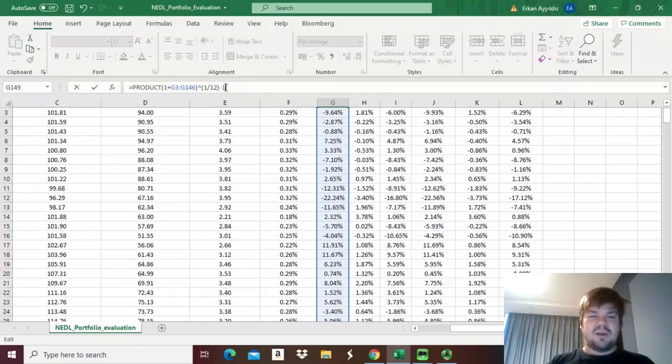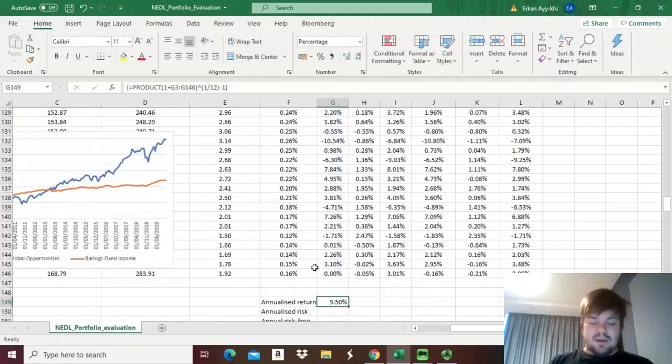Then minus 1, and enforce this formula using Shift, Control, Enter. Now we can drag it for all three of our portfolios and see that in terms of annualized return, Alice has made more than twice as much as Bob per year, and Alice even slightly outperformed the S&P 500.